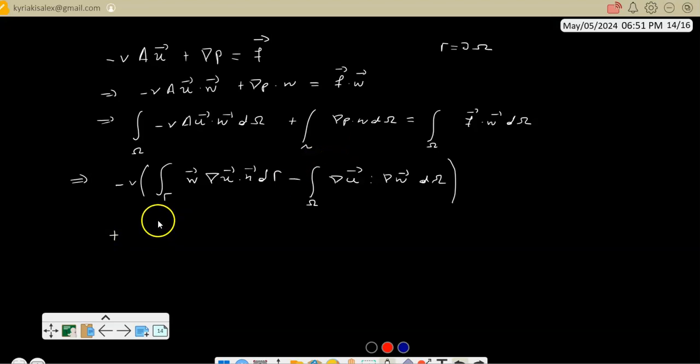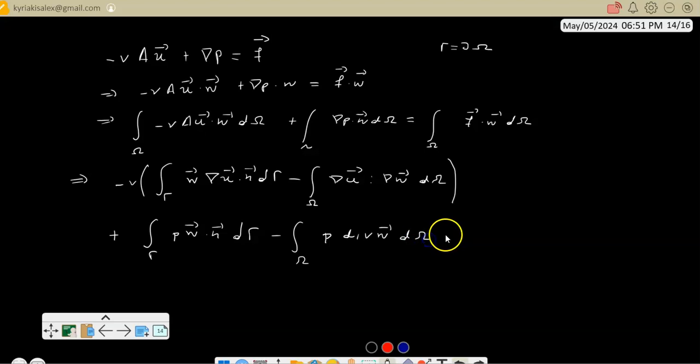Plus, then here I also do integration by parts. And I have here, inside the integral, p divergence of w d omega equals the integral over omega f times w d omega. Now how can I write this?